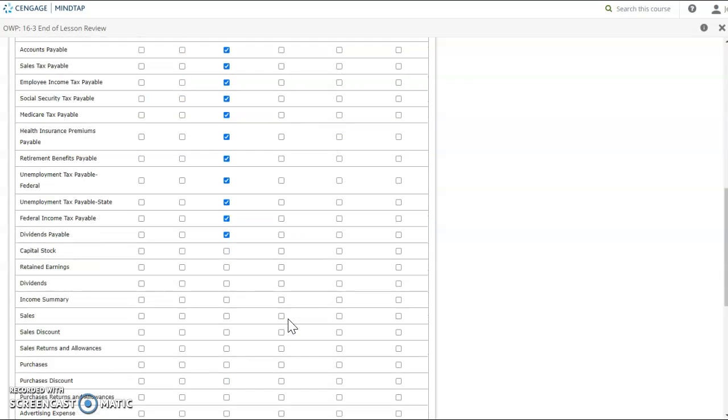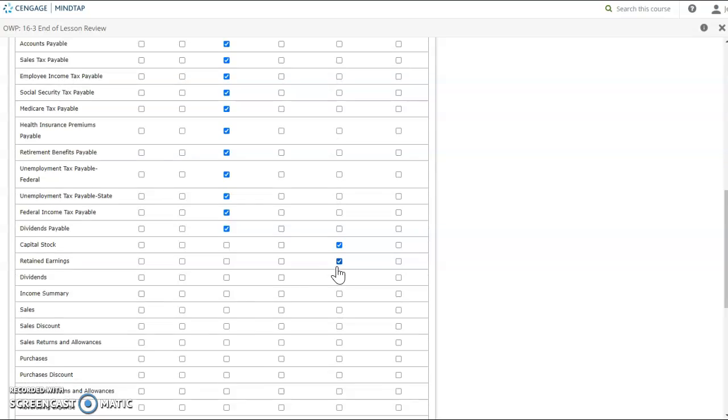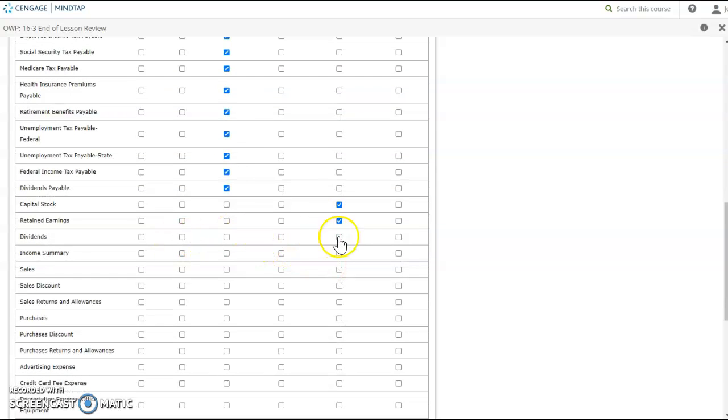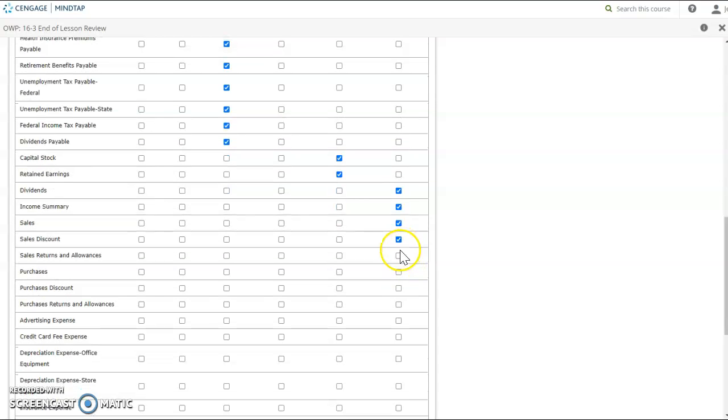Okay, next we're going to be looking at our stockholders equity. Our stockholders equity is the fifth column here. We're going to list our capital stock and our retained earnings. Now, once we get to our dividends, these are all things that are not going to be listed on our balance sheet.